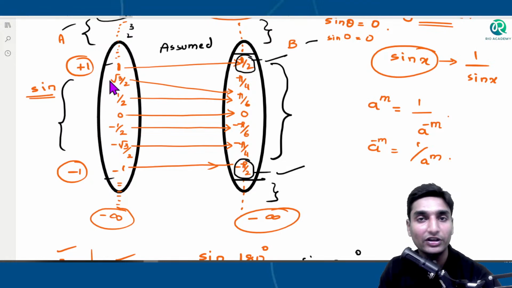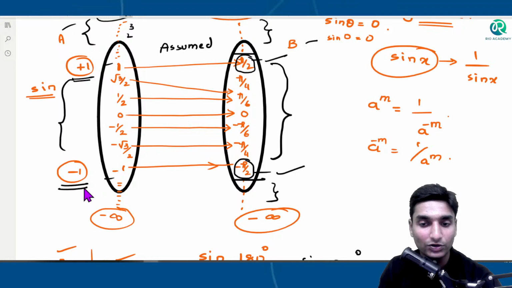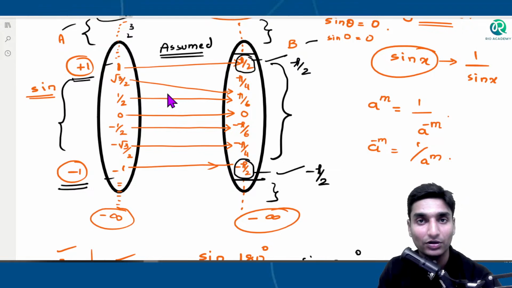You take out any value, 0.5, or 0.5612 or something, all the values that lie in between +1 and -1 will be connected to the values that lie in between pi upon 2 and negative pi upon 2 angle. And this we have done by assuming.